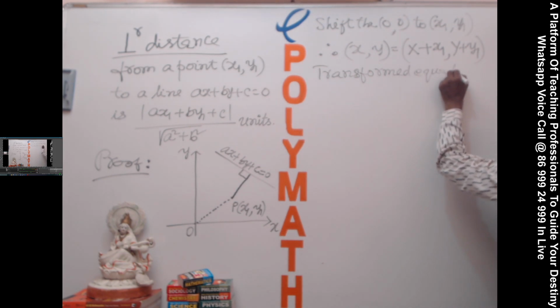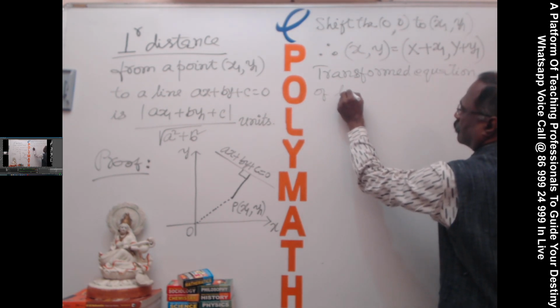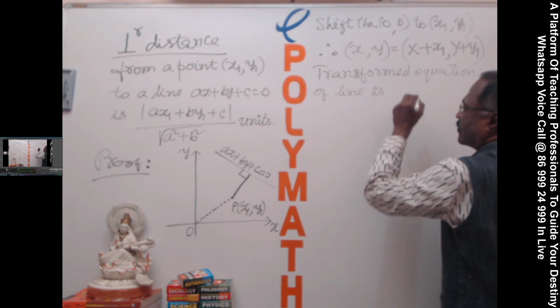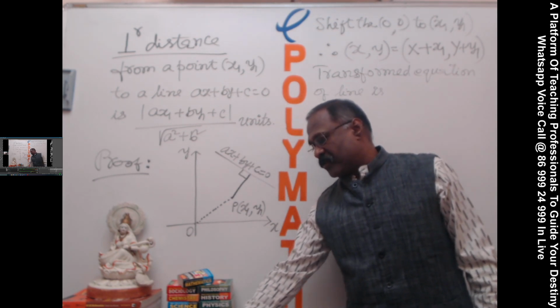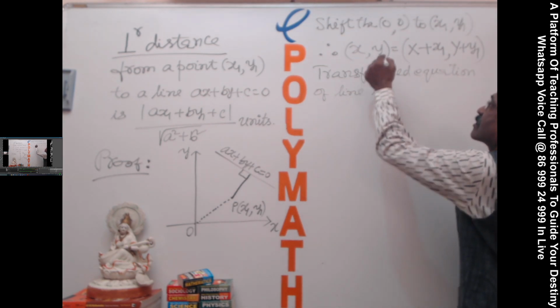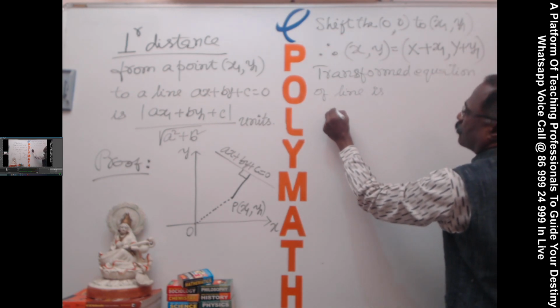The transformed equation of the line is: in place of small x you have to write x plus x1, in place of y you have to write y plus y1.